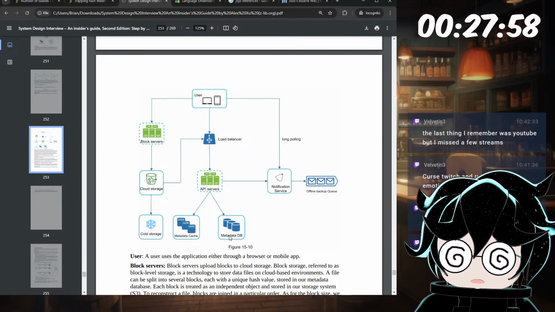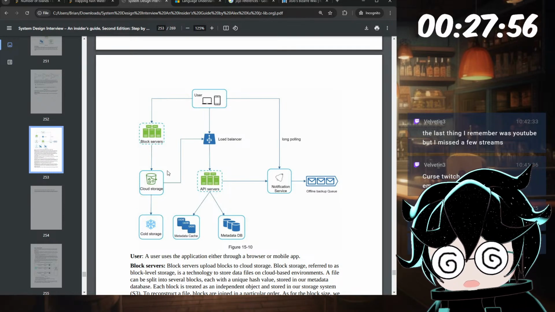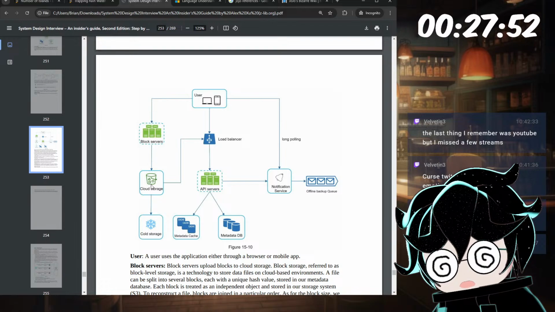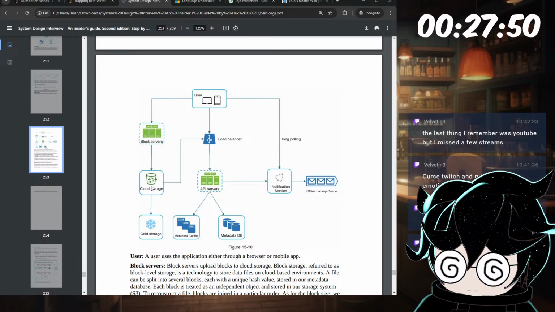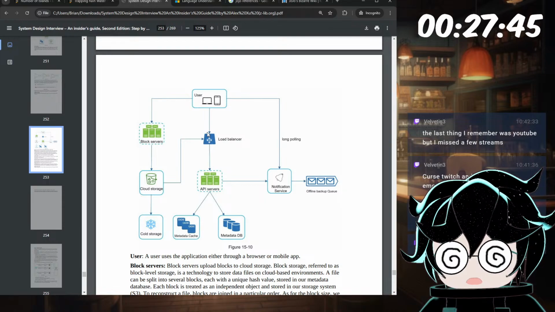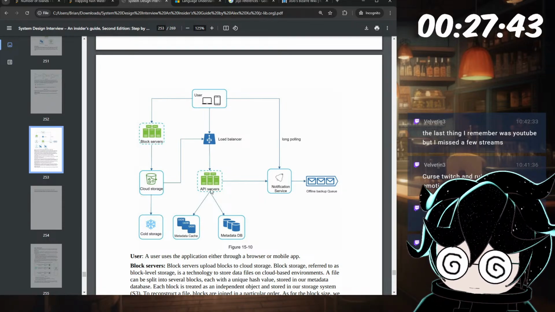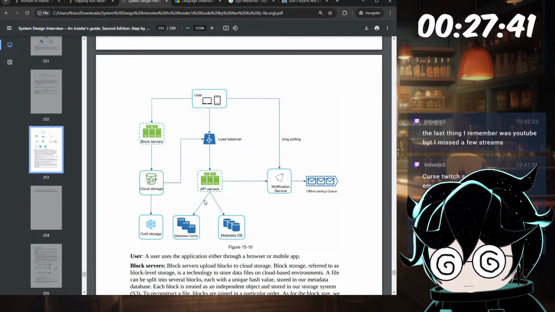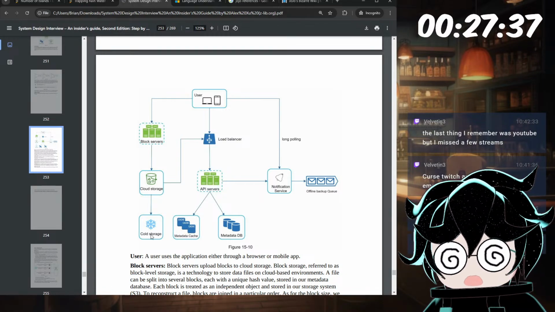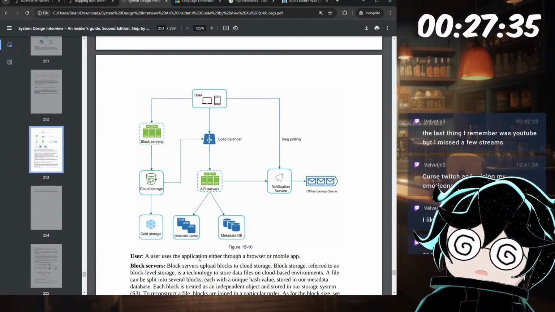Possibly one bucket or folder per user. So you upload your file through the block servers to the cloud storage. Once it's done, the cloud storage goes through the load balancer and tells the servers it's done, and it can update your metadata saying that your file has completed uploading, yay.